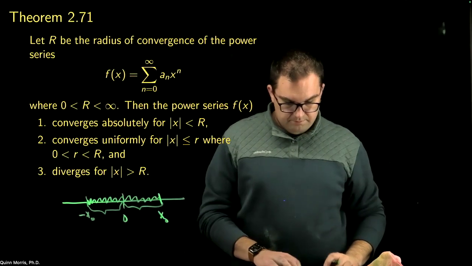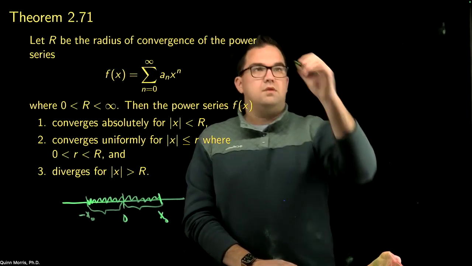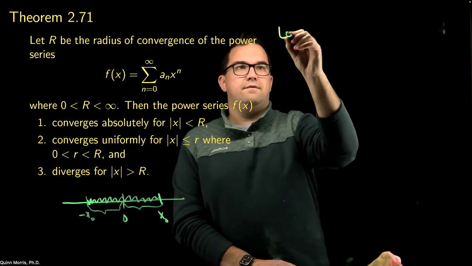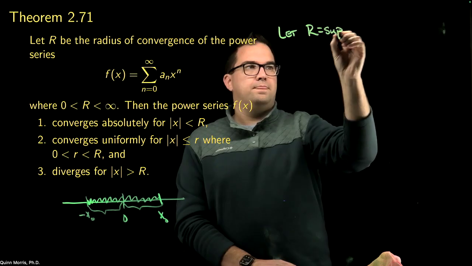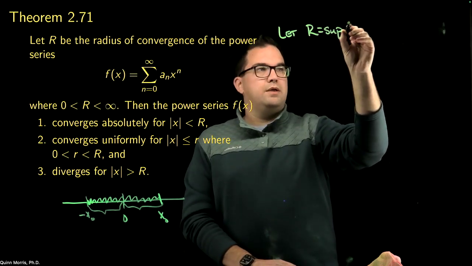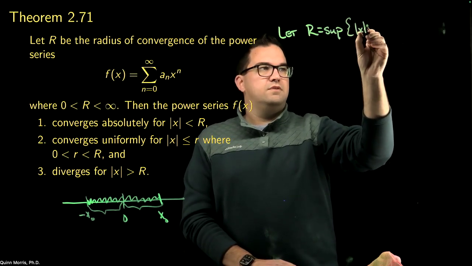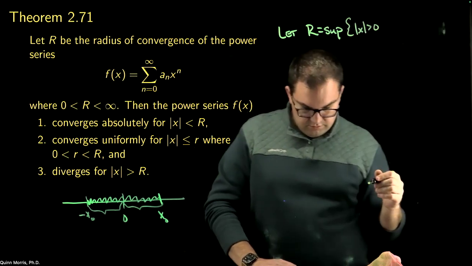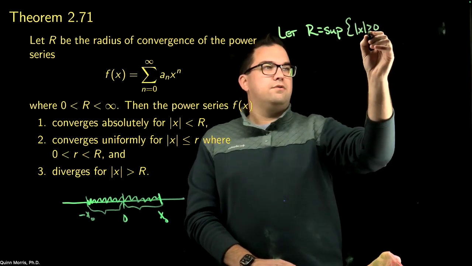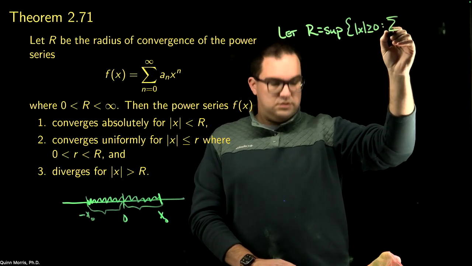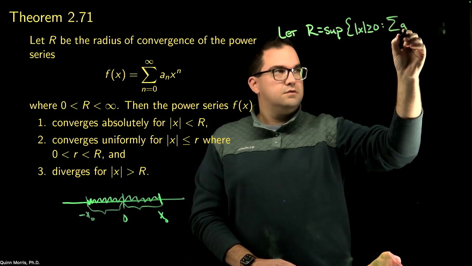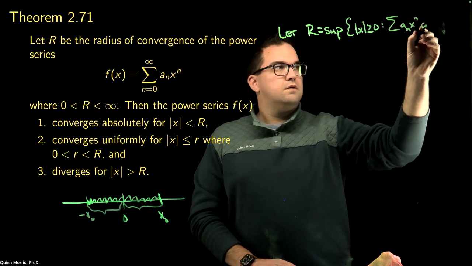Okay, so now let's take and define this capital R to be the supremum of the set of all x greater than or equal to 0, such that this series converges.